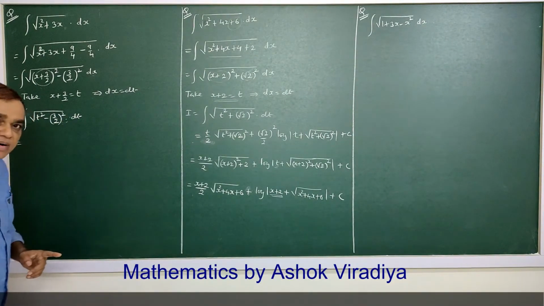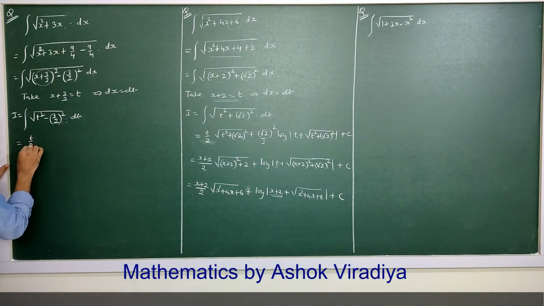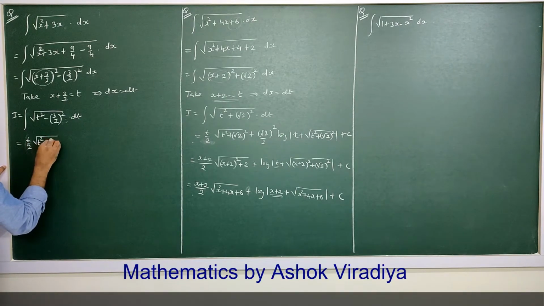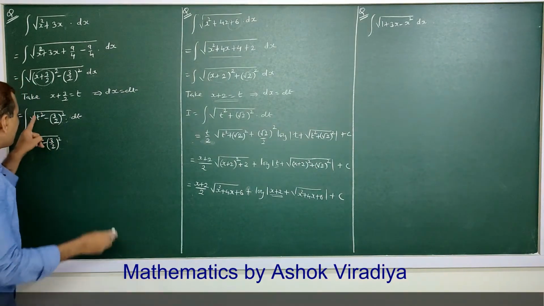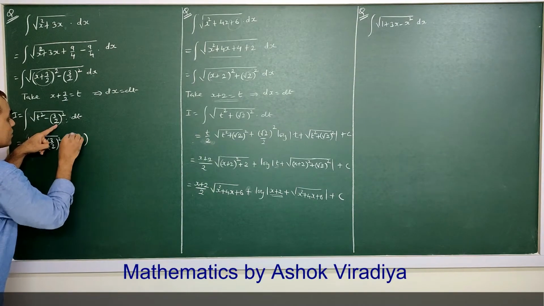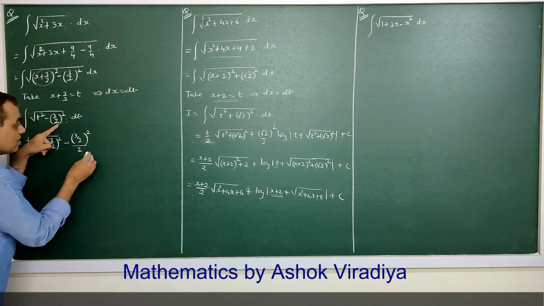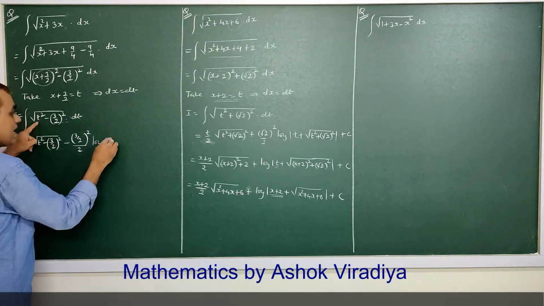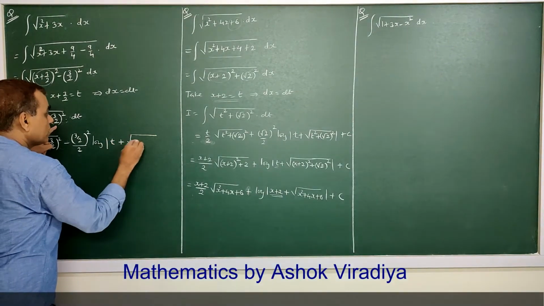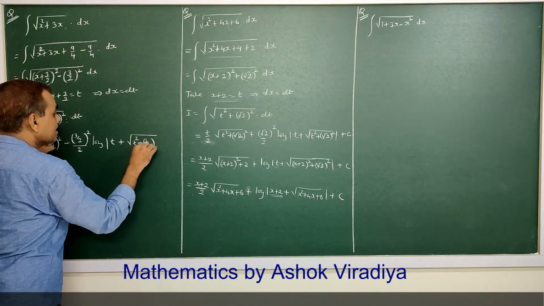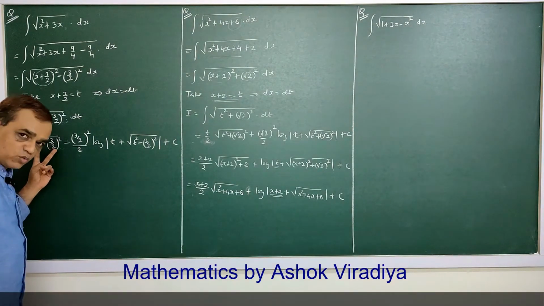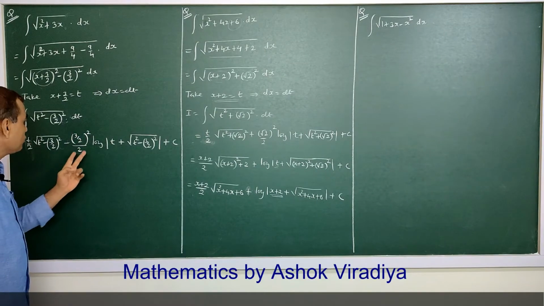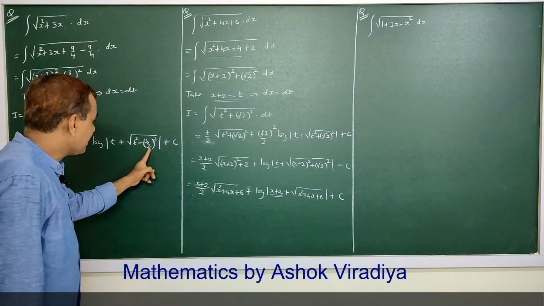For root x square minus a square, the formula is x by 2 root x square minus a square, then minus a square by 2 log mod x plus root x square minus a square plus c.